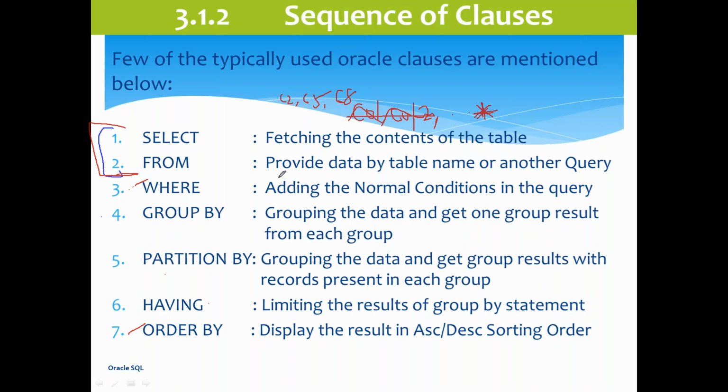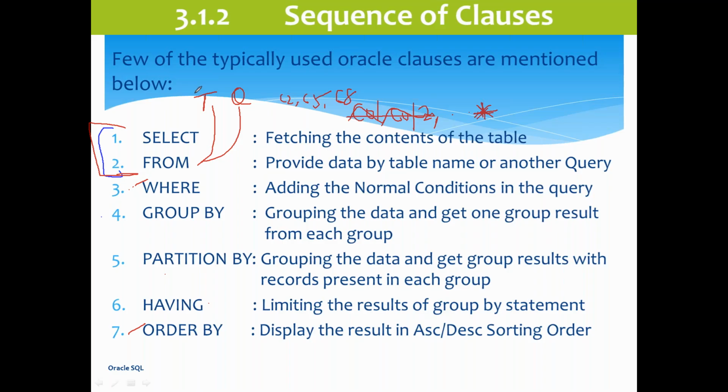There they are making the mistake. Don't think that. From is expecting the data. That data can come from a table, or it can come from some query, some other query we can write.